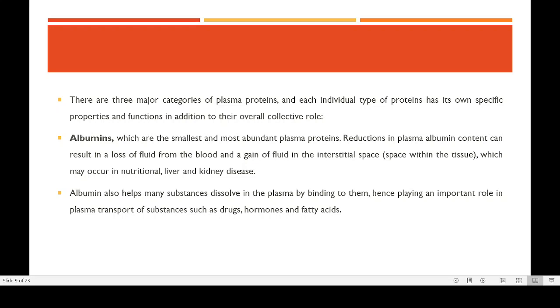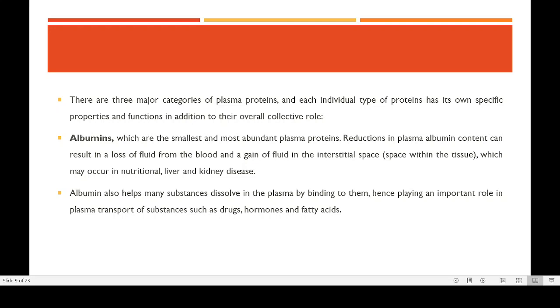There will be swelling on his legs, swelling on his hands, and swelling on his body. So that is the reason why. Albumin is mainly responsible for maintaining the osmotic pressure. If there is a shortage or deficiency of albumin, that will cause swelling in different parts of the body.